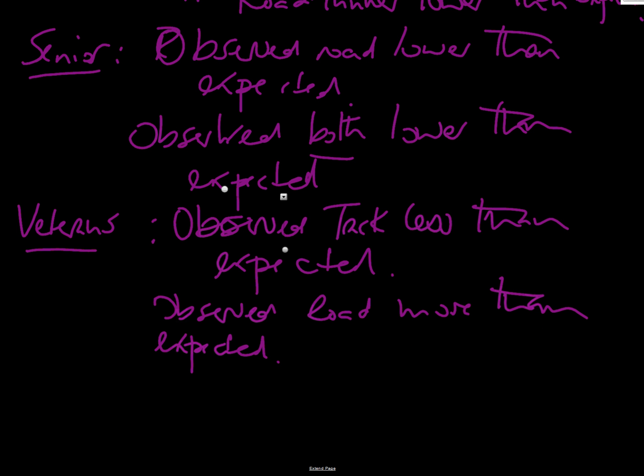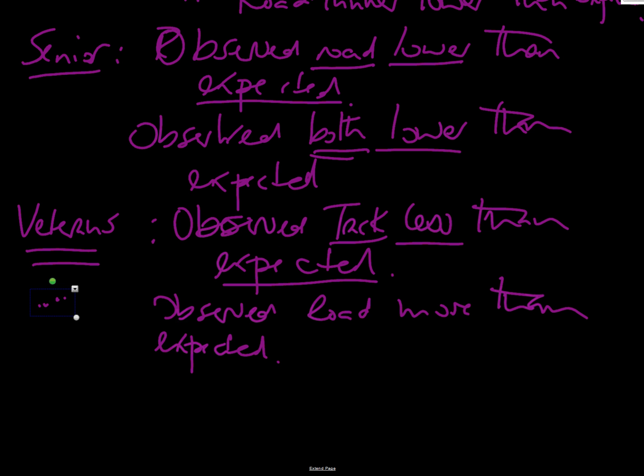So having a look at the seniors and the veterans, and comparing those figures, we've observed more road runners than we expected. So the observed is lower than expected, and the observed both is lower than expected. And in the veterans, the observed track is lower than expected, and the observed road is more than expected.